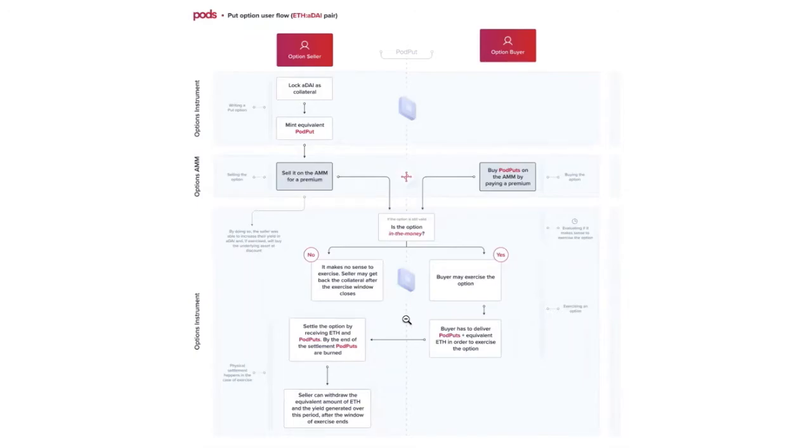The collateral that you locked inside the option token will be sent to the option buyer, and the option buyer will have to send the underlying asset back to the contract. So you as a seller and the creator of this option will receive the underlying asset in the case of a put option and will let go of the collateral asset, which in this case here was a DAI.